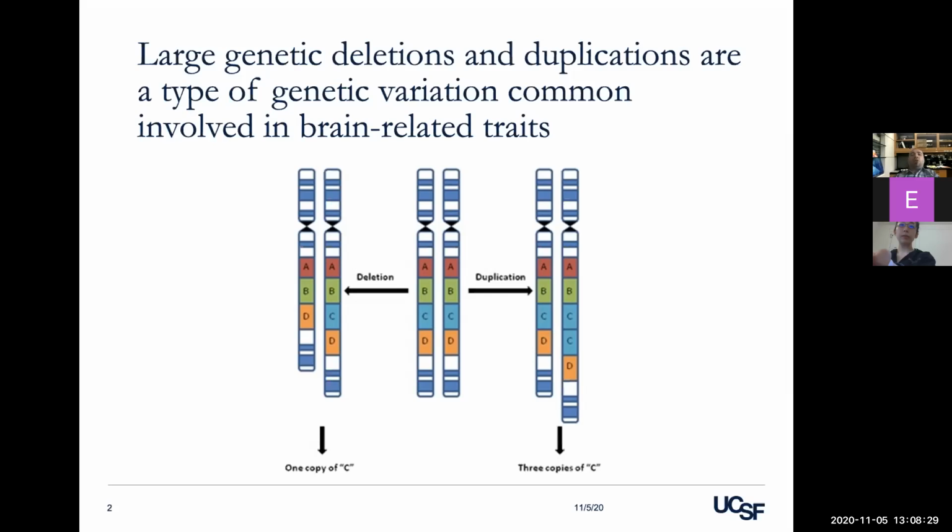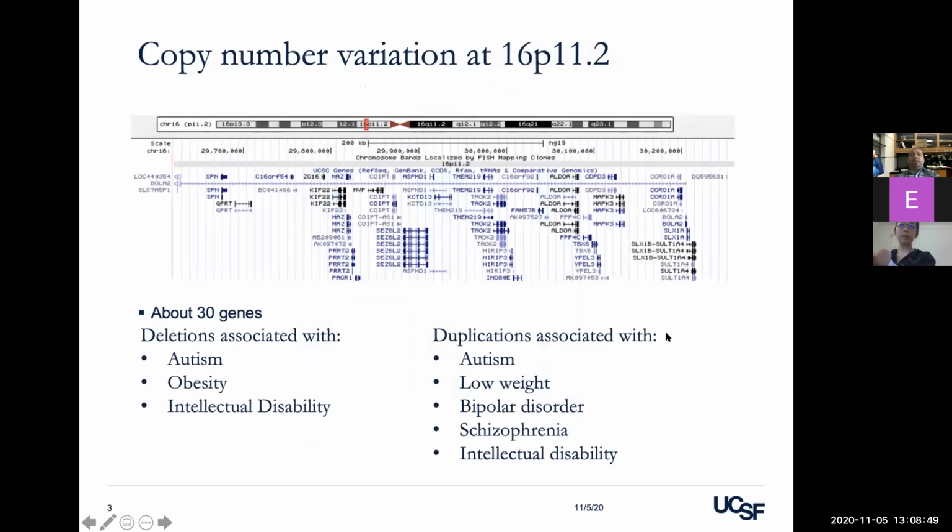And when we look at brain-related traits, which is something that our lab focuses on in the Department of Psychiatry and Behavioral Sciences, we find that these kinds of mutations are very common in brain-related traits. So I'm going to be talking about two of them today.